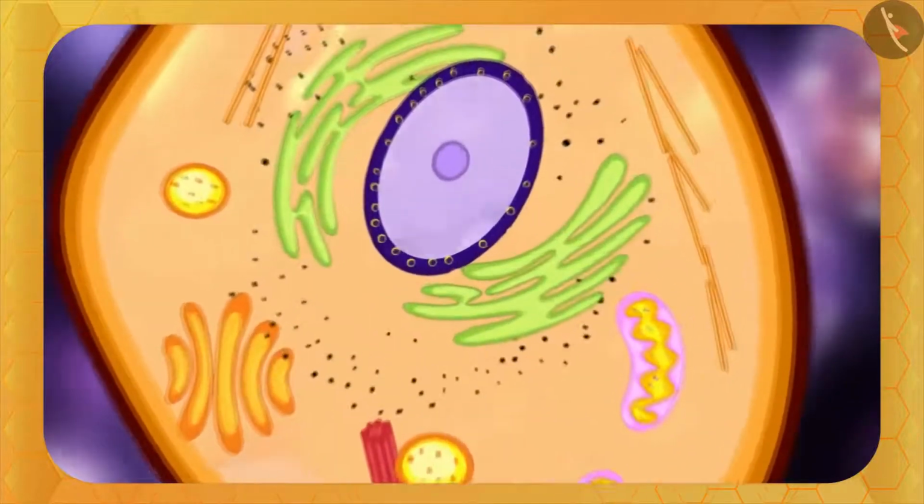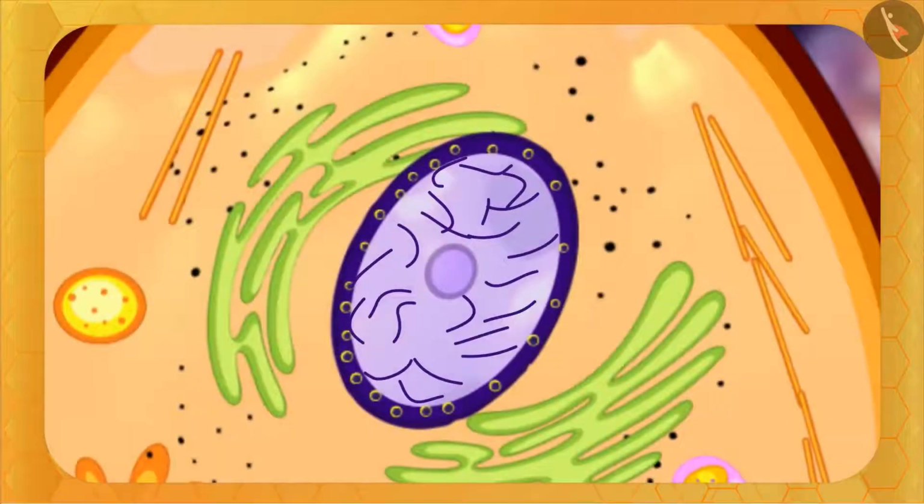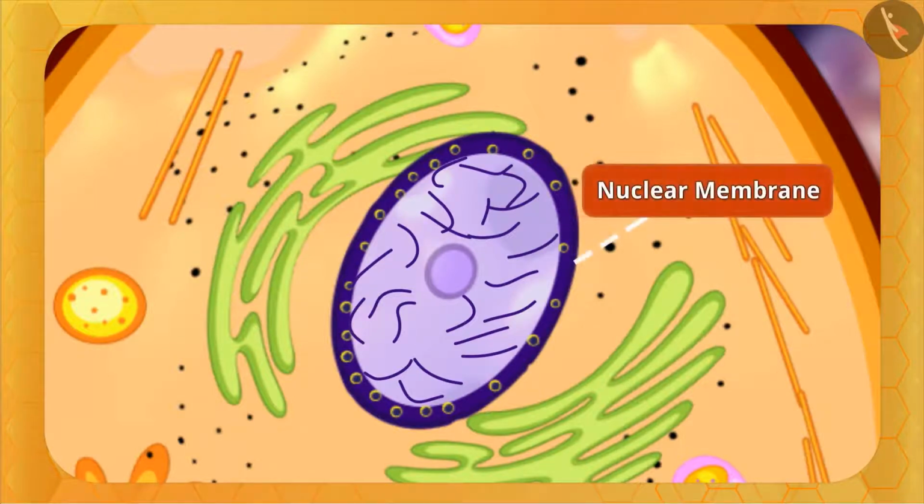If we zoom in on the nucleus, you can notice that it is spherical in shape. Its outer structure is a two-layer membrane called nuclear membrane. It is the same as the cell membrane of the cell. So friends, what do you think? Its function and structure would be similar to the cell membrane?